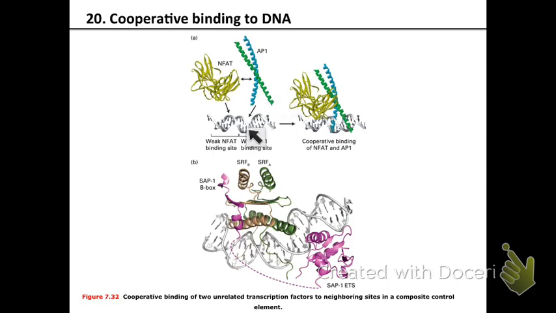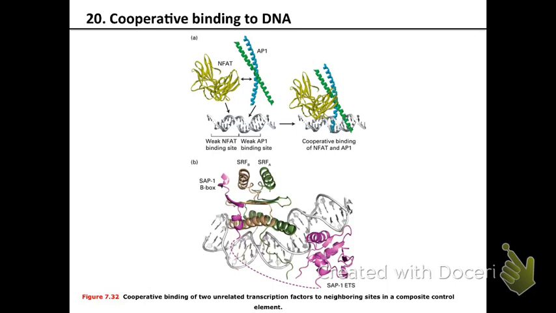So here's a close cooperation example. You have a DNA sequence that contains a weak NFAT binding site. So this is NFAT transcription factor, and a weak AP1 binding site. What do I mean by weak? A low consensus.